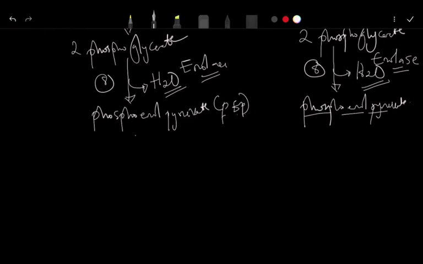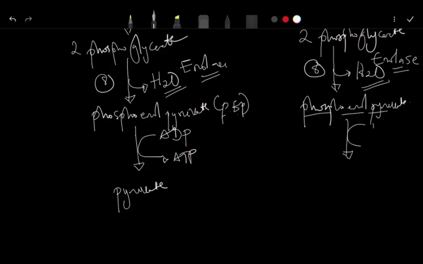So now we'll move to step 9. Now, in step 9, what happens is that we are going to remove this phosphate and form pyruvate. So again, we see ADP forming ATP.